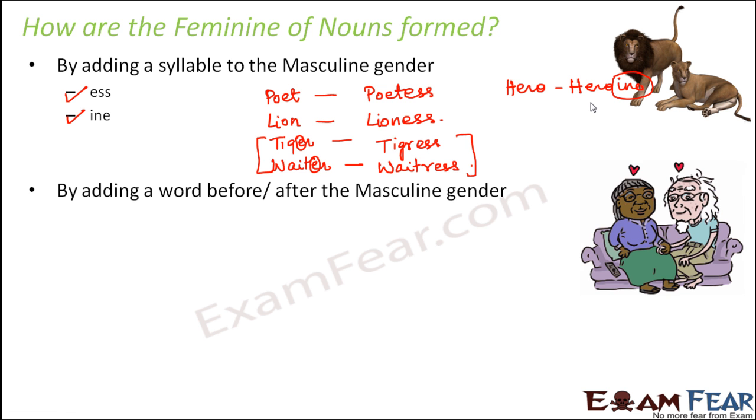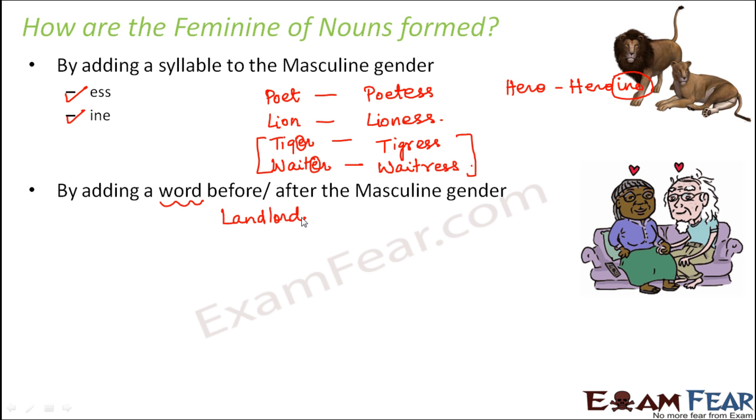So this is one way of forming feminine of nouns, by adding a syllable to the masculine gender. The next way is by adding a word before or after the masculine gender. So here we actually add a word, or we change a word. Let us look at some examples. Let's say the masculine gender is landlord, a person who owns the house, right?